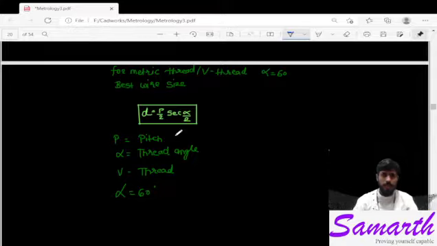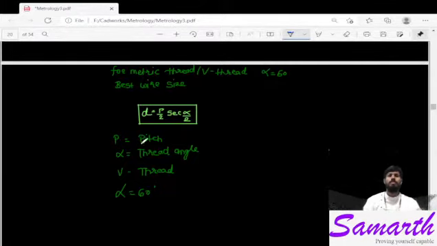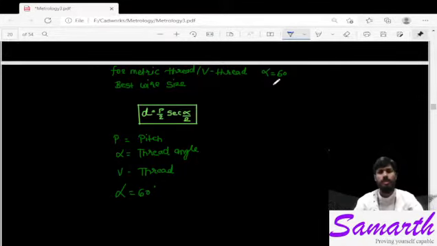For the metric thread, V threads have alpha equal to 60 degrees. Only in the metric thread will we call the thread a V thread if alpha is equal to 60 degrees. For different threads there is a different alpha value, let us say for acme and square thread.